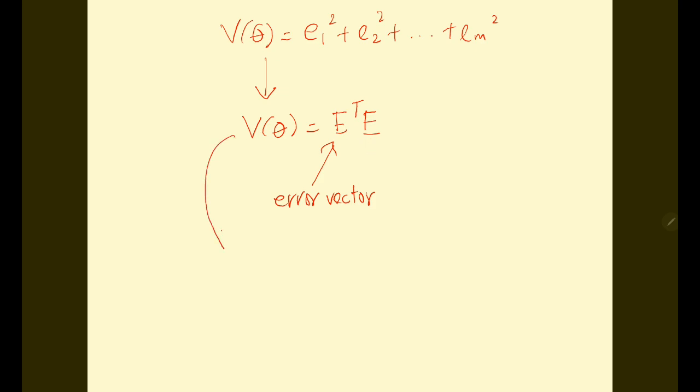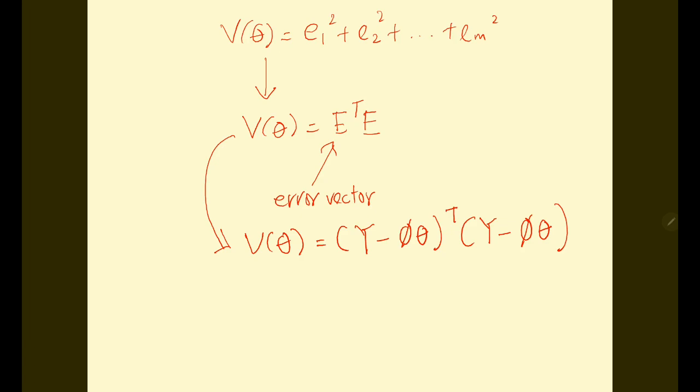In more detail, V theta equal to (y minus phi theta) transpose times (y minus phi theta).